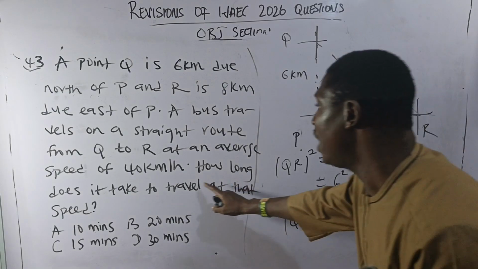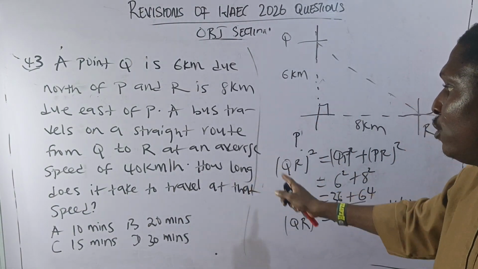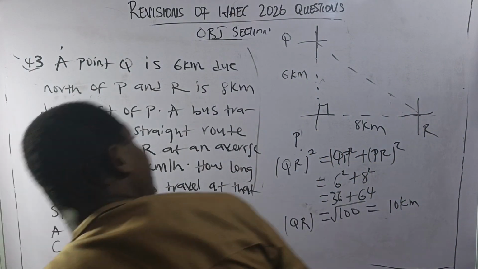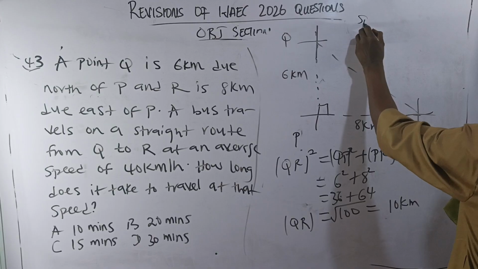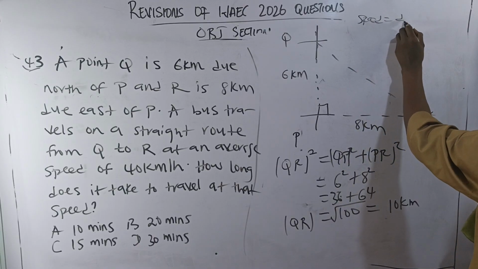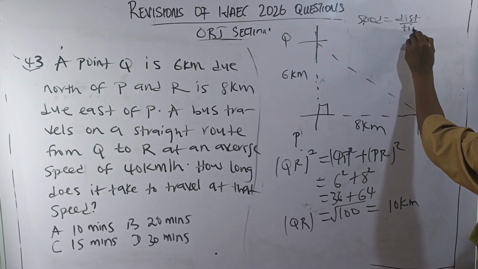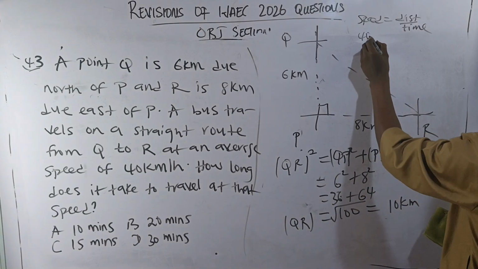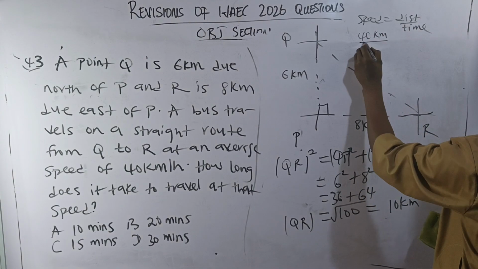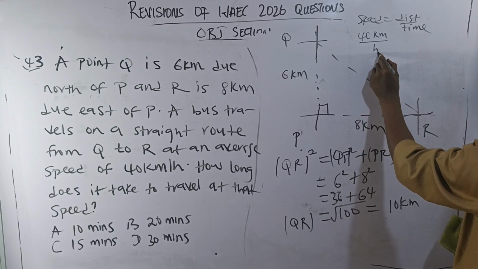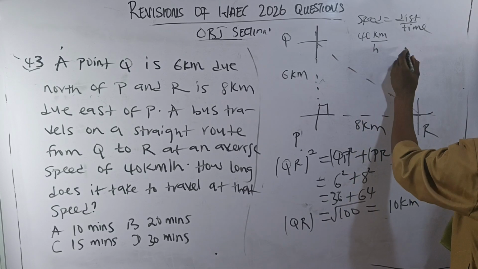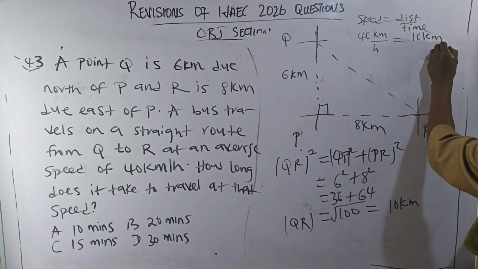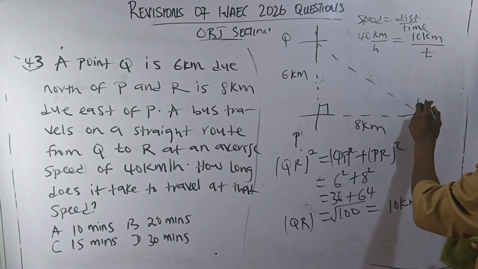And the question does not end there. It says, how long does it take to travel at that speed? The speed was given. So we remember that speed in general is equal to distance over time. Now the speed is 40 kilometers per hour. So this is 40 kilometers over h, equal to my distance, which is 10 kilometers, over my time, t. So I'm looking for my time.